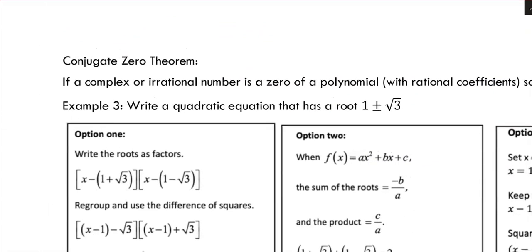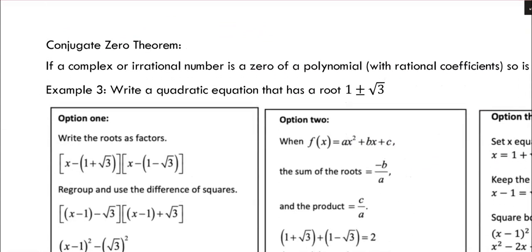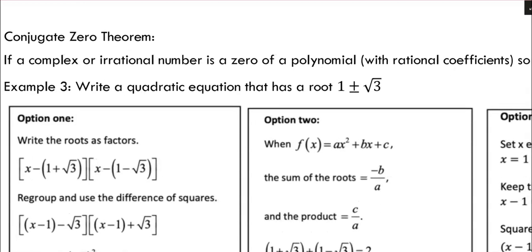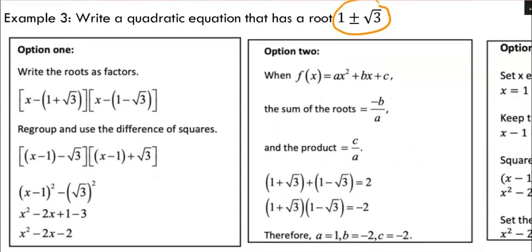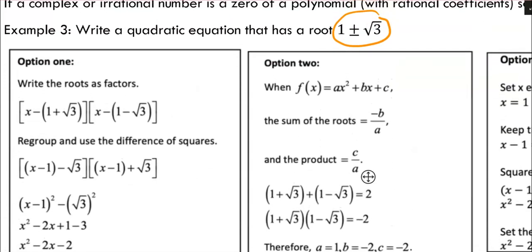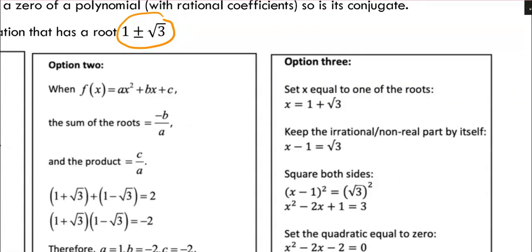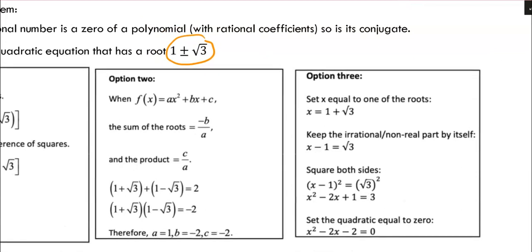So the conjugate zero theorem, which we kind of went over. When they tell us to write a quadratic with those as the roots or zeros, there's a couple of ways to do it. I always prefer option 1. Since I gave you the 3 options, you can use it either way.